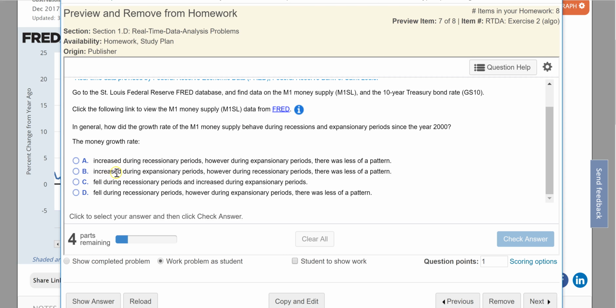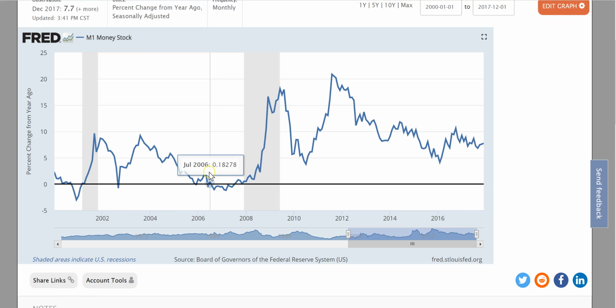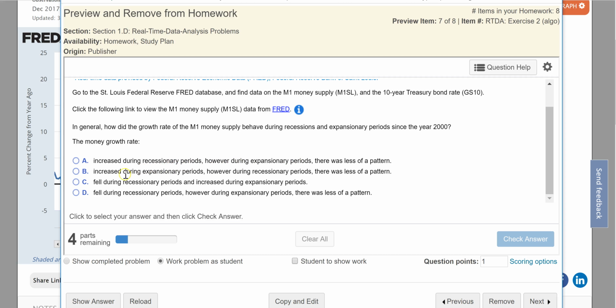The first part of B says increased during the expansionary periods. Is that the case? Let's check. The white areas mean the expansionary periods. You can see that the growth rate simply bumps up and down without a clear pattern. So the first part of B is not correct.